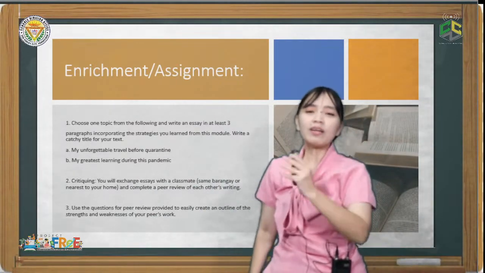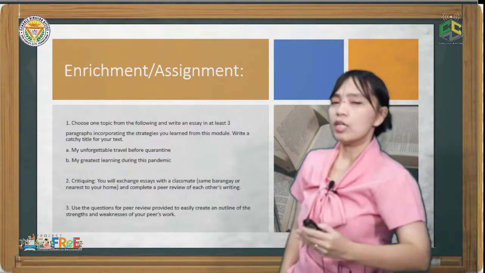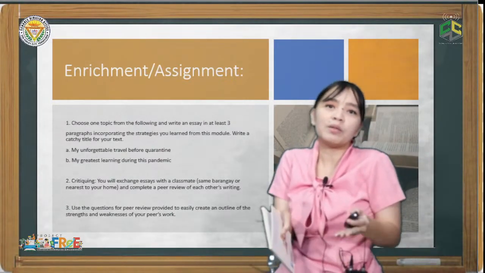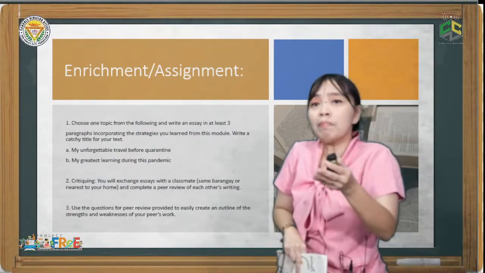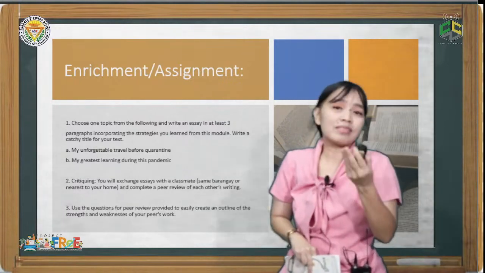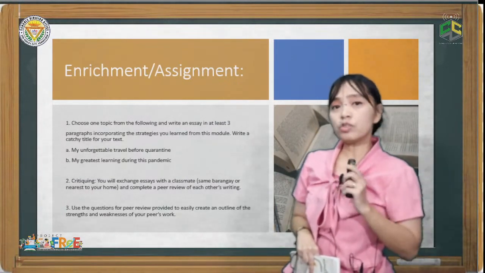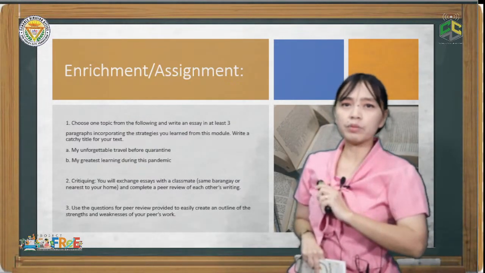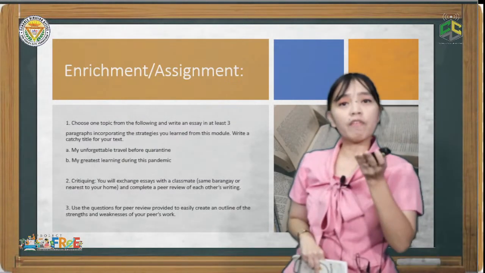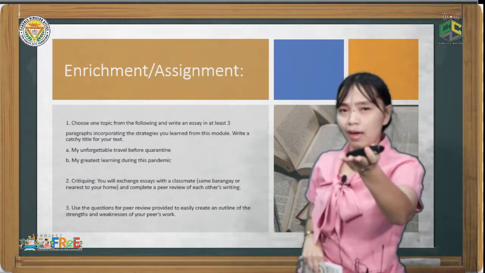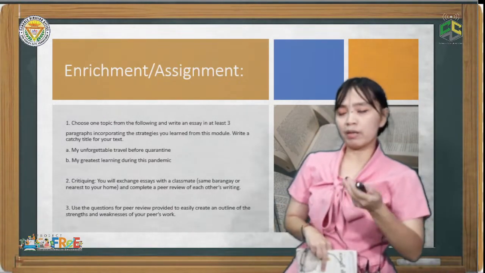So you are going to exchange your essays with a classmate, maybe somebody who's quite close to you when it comes to distance, like the same barangay or nearest to your home. But if this is not possible, what I suggest is you take a picture of your essay and send it to your classmate and do the critiquing or the peer review.